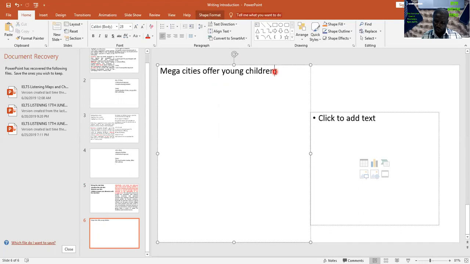So they offer younger children a unique proposition.